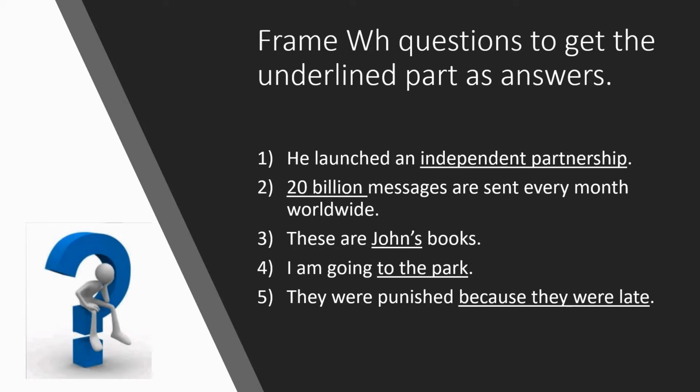I am going to the park. Or you can also ask, where are you going? To which the answer will be, I am going to the park. Fifth, they were punished because they were late. Correct. Your question will be, why were they punished? Because they were late.